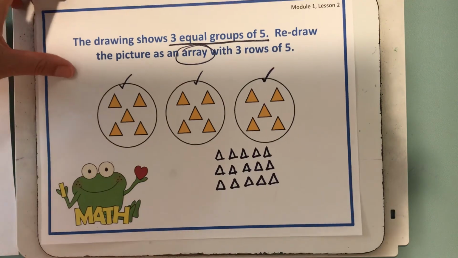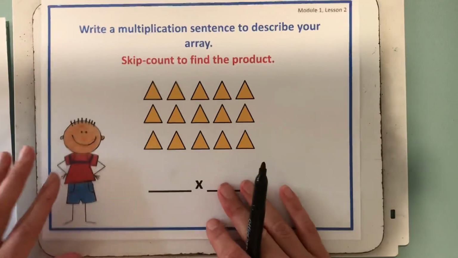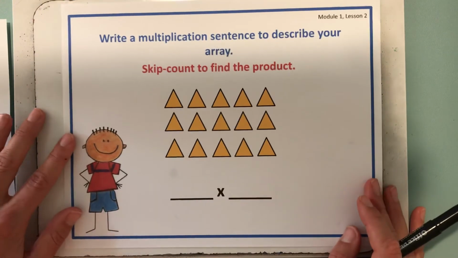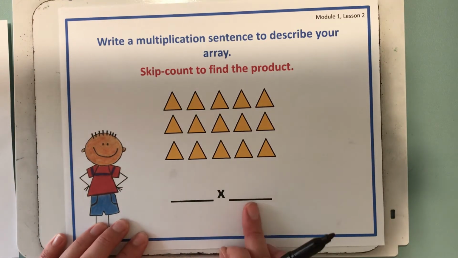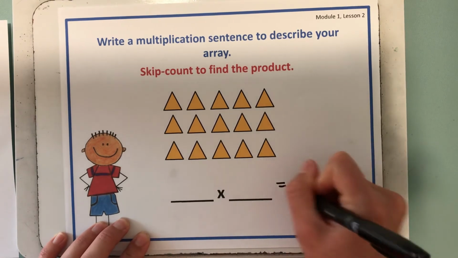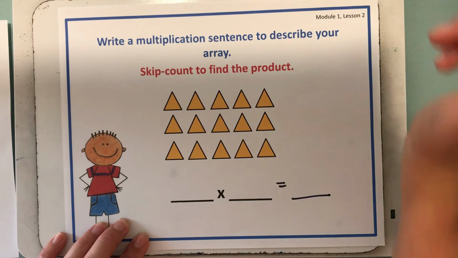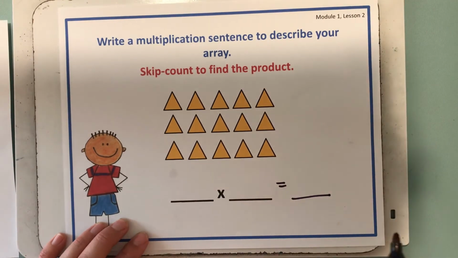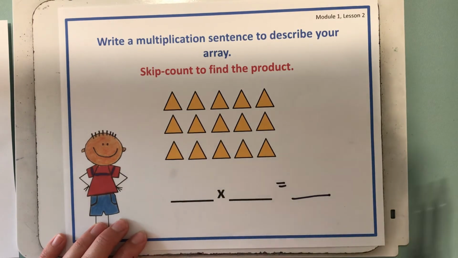All right. So now let's do this one. But this time they already did the array for you. So you need to figure out what the multiplication sentence is for this. What is the multiplication sentence for this? Okay, so we have an array here.